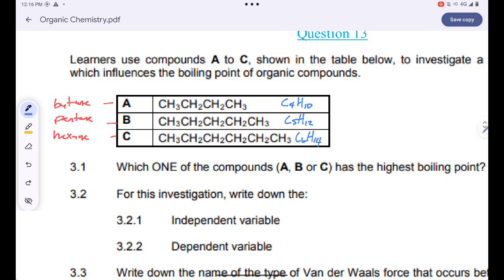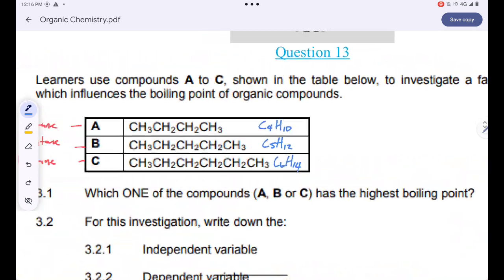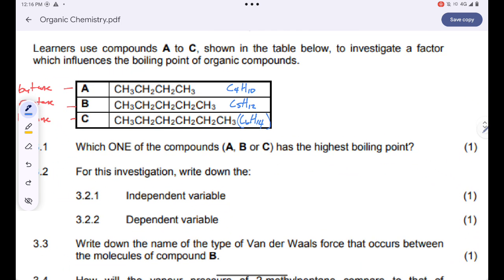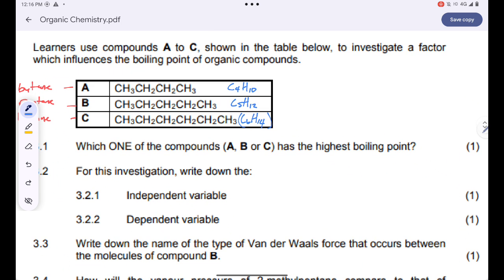You can say the one with the greater molecular mass, or the one with a greater surface area, because you are dealing with straight chain hydrocarbons over here. This one has a greater surface area as well as a greater molecular mass. So compound A will simply have the highest boiling point. Not A rather, but compound C. Excuse me, guys. Compound C.